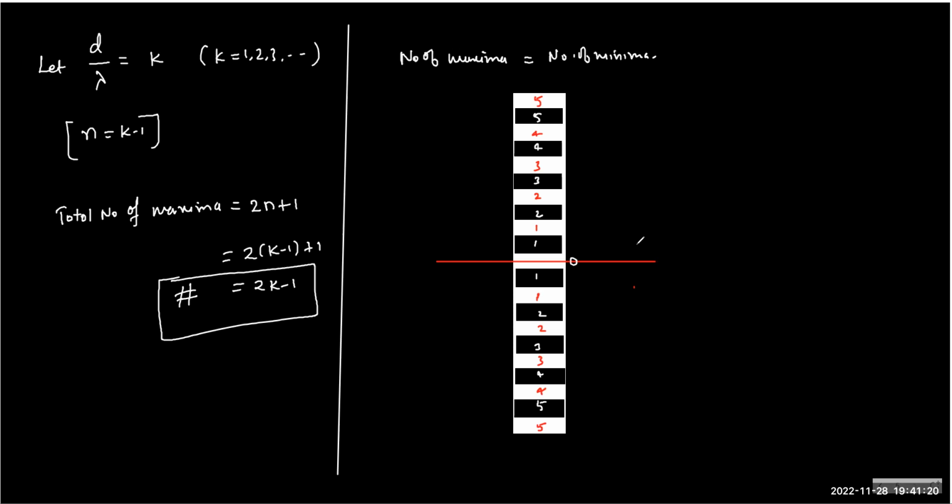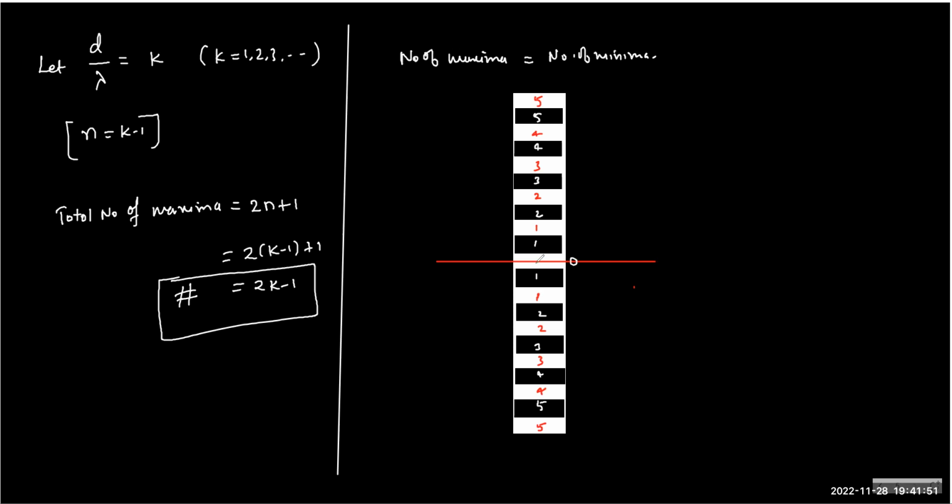Okay, that way. We haven't numbered this one, right? So the counting should start from here only. Just a moment. Yeah, we are going to miss one. So it will be one more. 1, 2, 3, 4, 5 maxima.